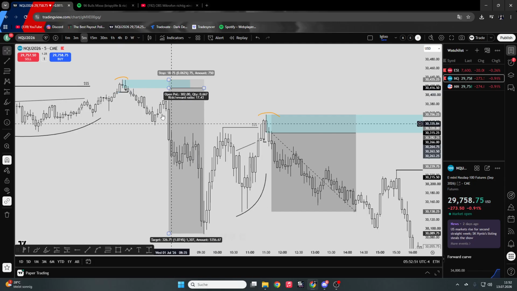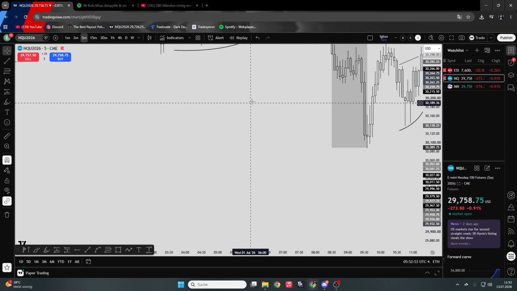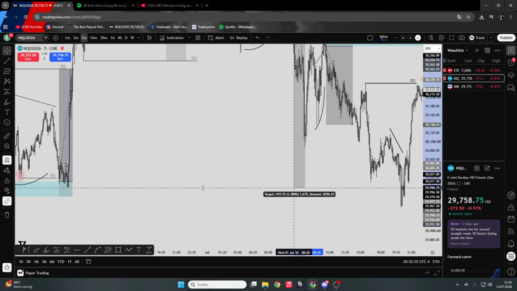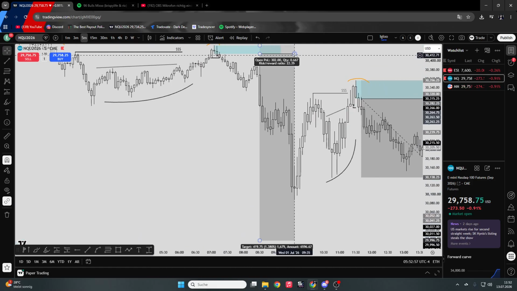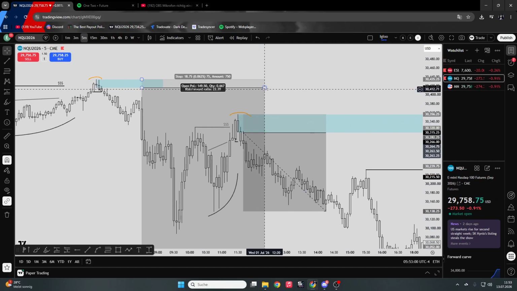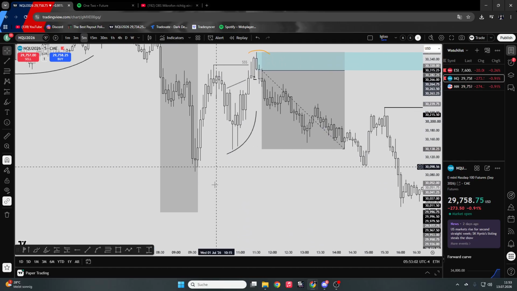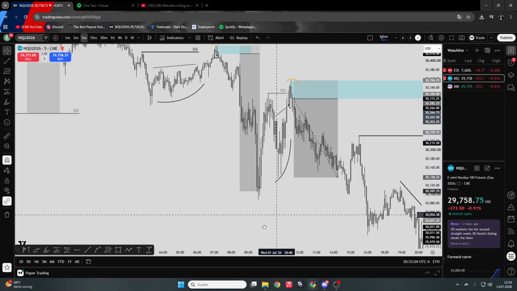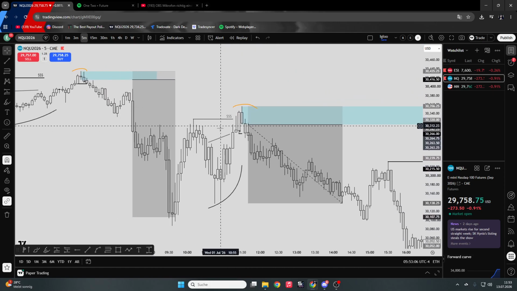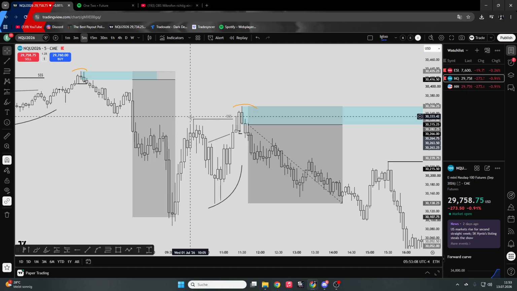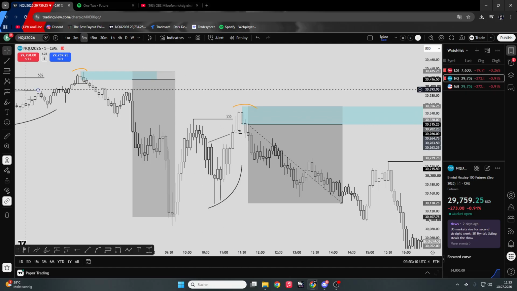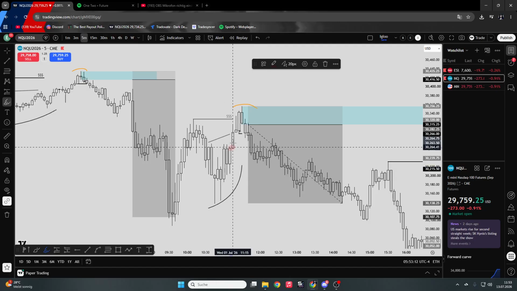We already came lower here basically, right? And could target maybe this, but we're still in that short ongoing whatsoever. So I wait for my manipulation that happens here.